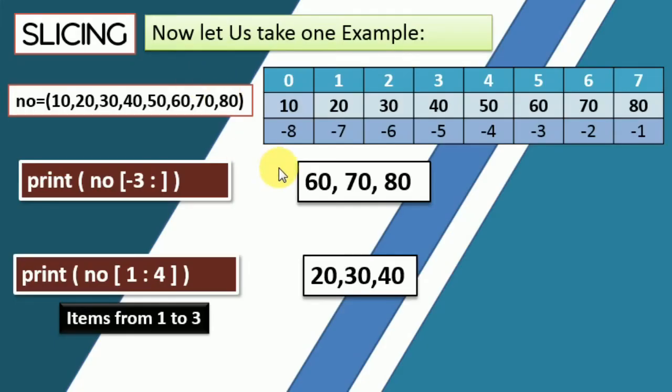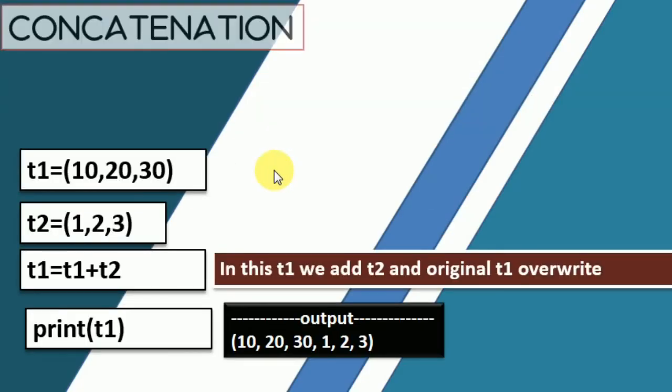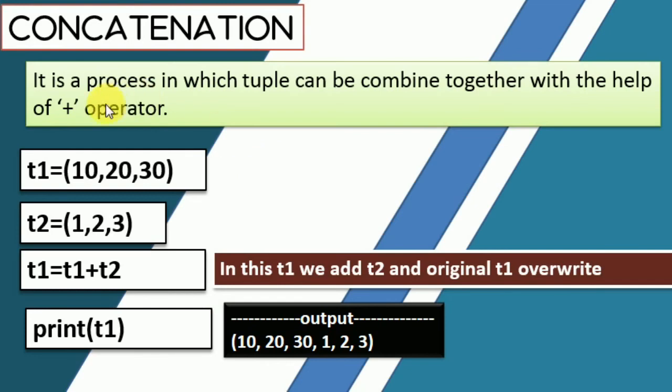This is our slicing. I have moved to concatenation. You know that the plus sign is used. I have declared two tuples here, T1 and T2: 10, 20, 30, and 1, 2, 3. It's done in the same way as we did in the case of lists. T1 equals T1 plus T2. That means add these three numbers, join them with 10, 20, 30 and overwrite the value of T1.